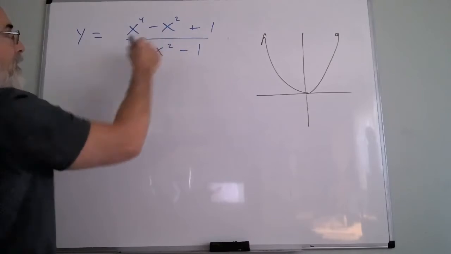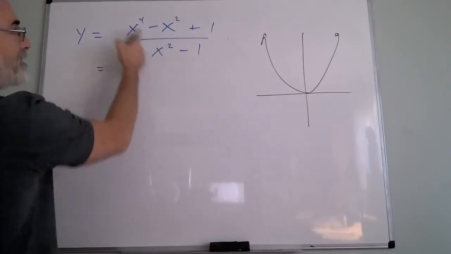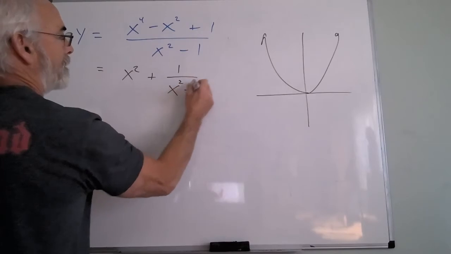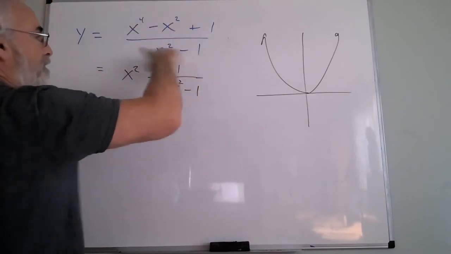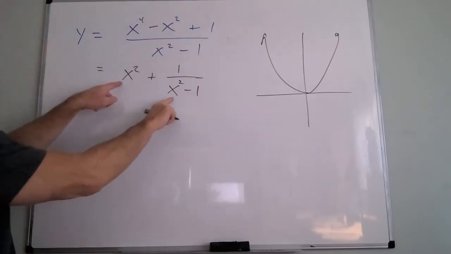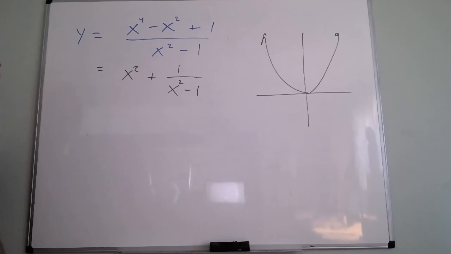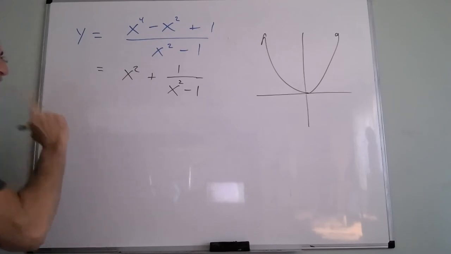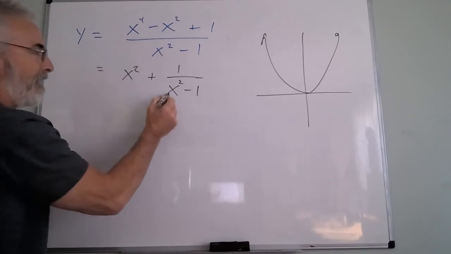Because if I simply do the long division here, which is not all that hard to do, this equals this exactly. If you put this back over a common denominator, okay, so my original graph isn't a parabola, it's this.